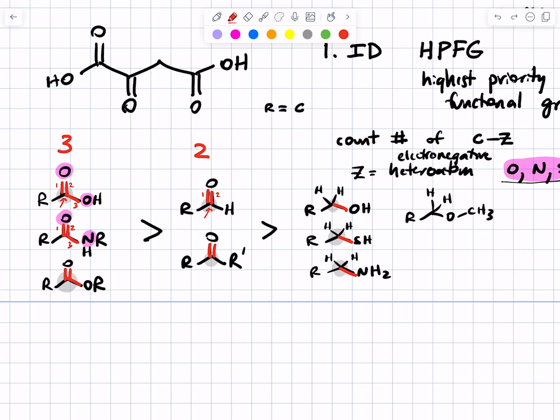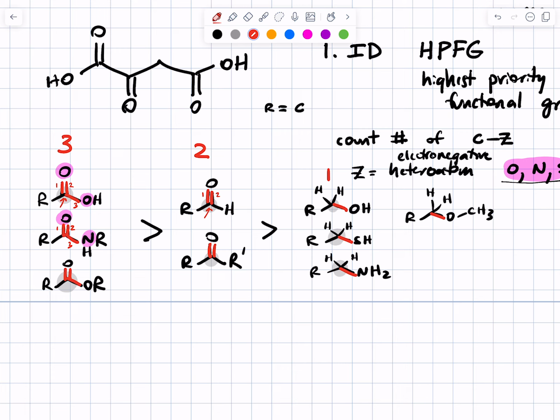Now, I'm realizing that drawing the ether is problematic because you're going to look at that and say, which carbon counts the most? I don't actually care. It doesn't matter. We were actually not going to talk very much about how to name ethers because they get kind of confusing. But all of these that have only one bond between a carbon and an electronegative heteroatom are lower in priority than those that have two, and those are lower in priority than those that have three.